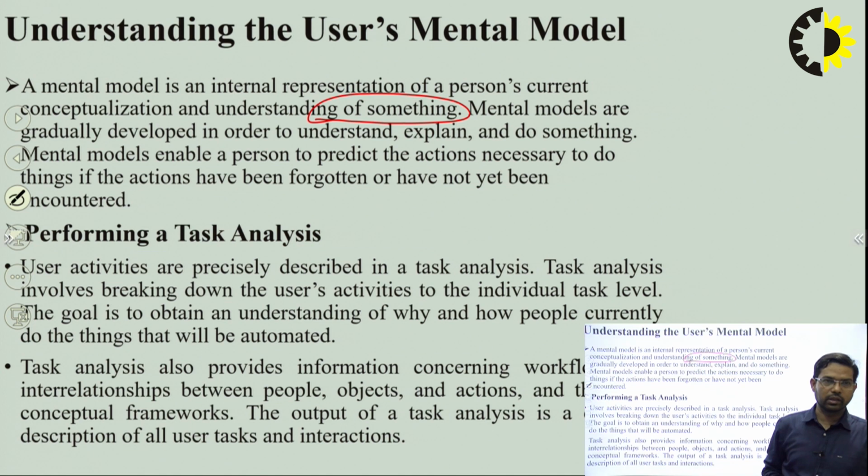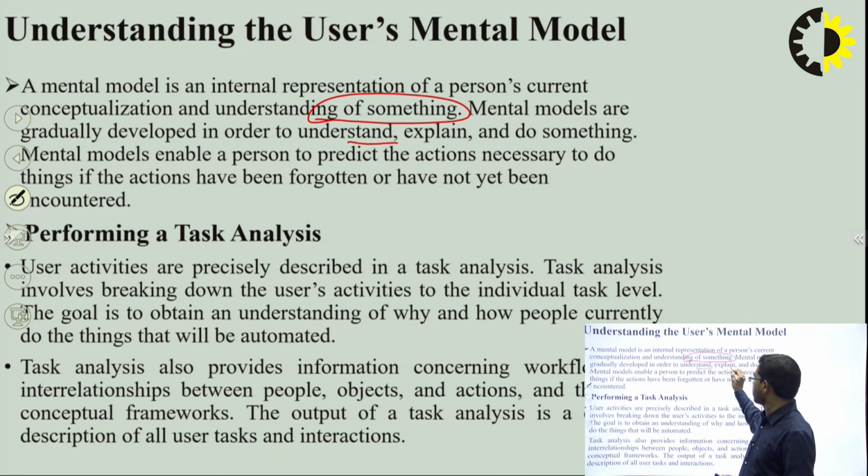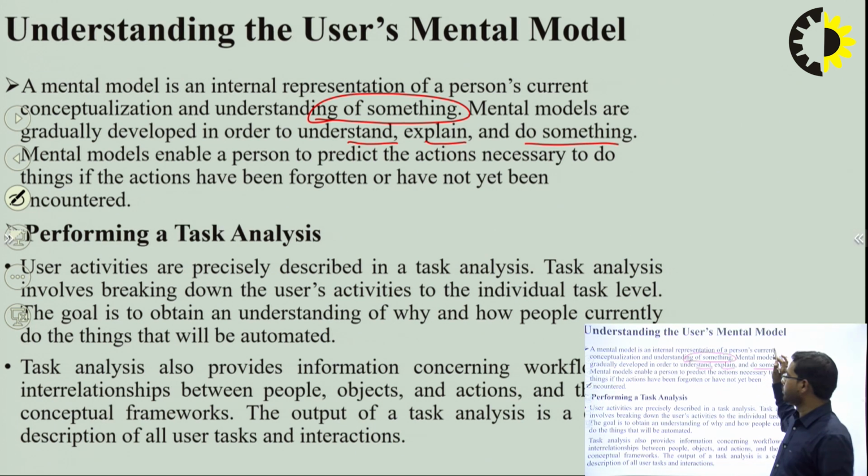Said another way, mental models are gradually developed in order to understand, explain, and do something. Mental models enable a person to predict the actions necessary to do things if the actions have been forgotten or have not yet been encountered.